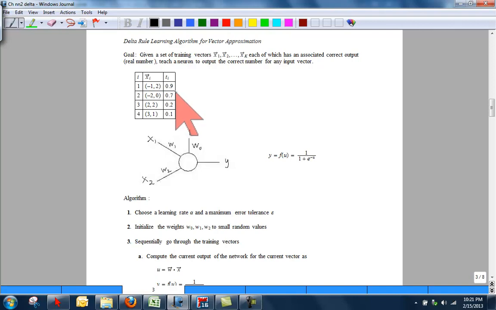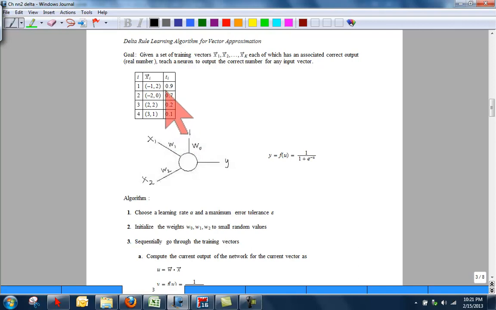But this time, instead of the outputs just being zeros and ones, or male and female, or boxes and circles, the desired outputs are real numbers, continuous real numbers. And so, even though there are some similarities on the surface, conceptually this is a little different. Instead of classifying into two categories or even into more than two categories, this is prediction or approximation.